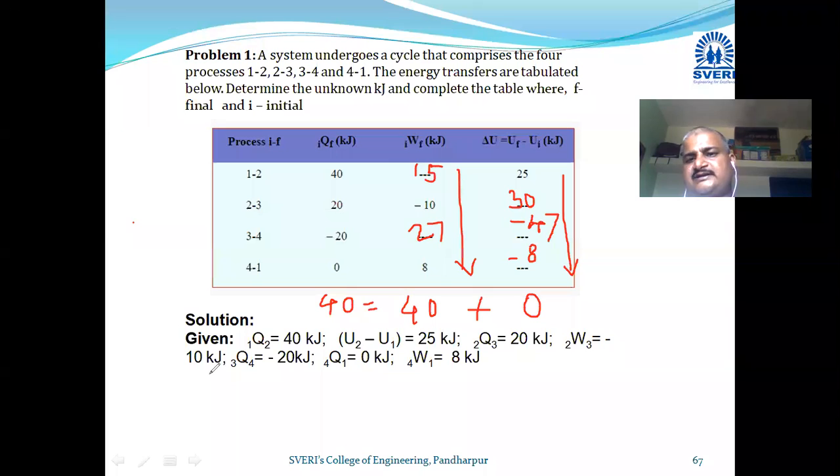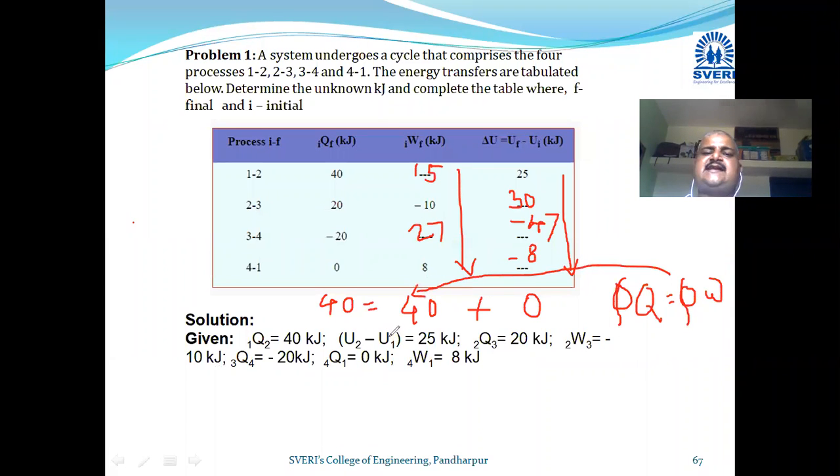Means, according to the second statement or additional statement of the first law of thermodynamics, cyclic integral of Q must be equal to cyclic integral of work. You will have to check whether it is happening or not. Yes, it is happening.